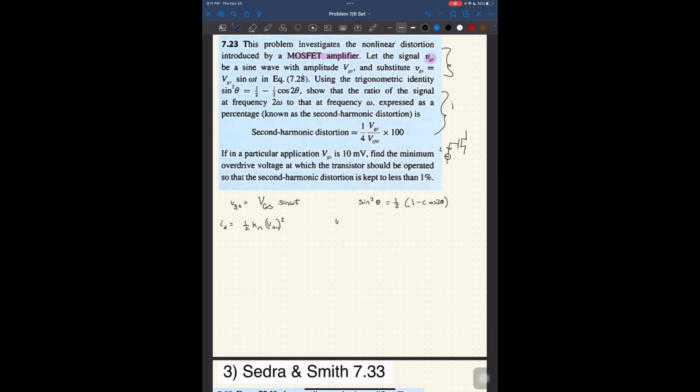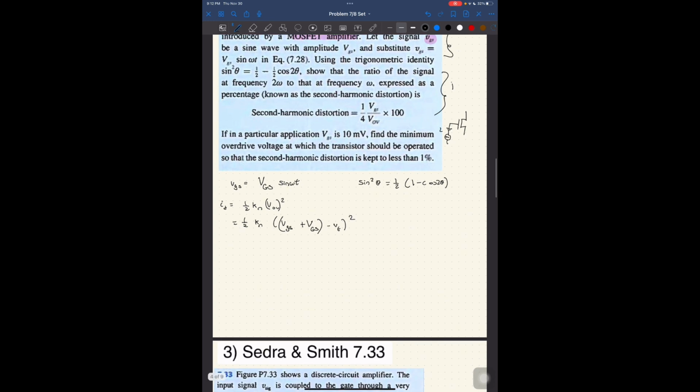So it's no longer just VGS minus VT. No, this is wrong, right? Rather, it's going to be half Kn (VGS plus vgs minus VT) squared.